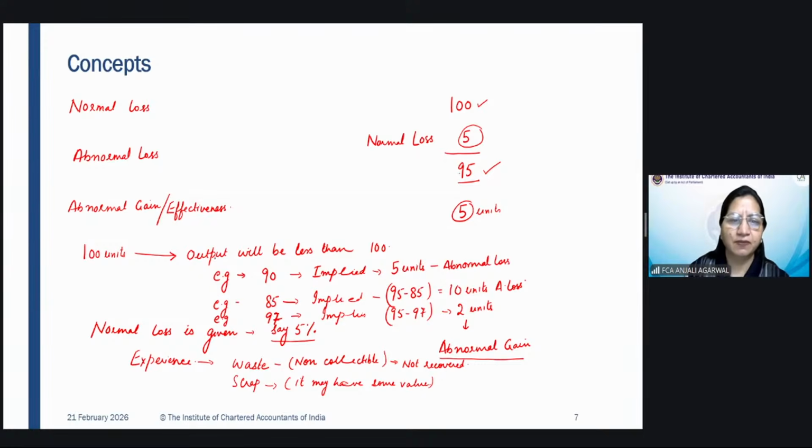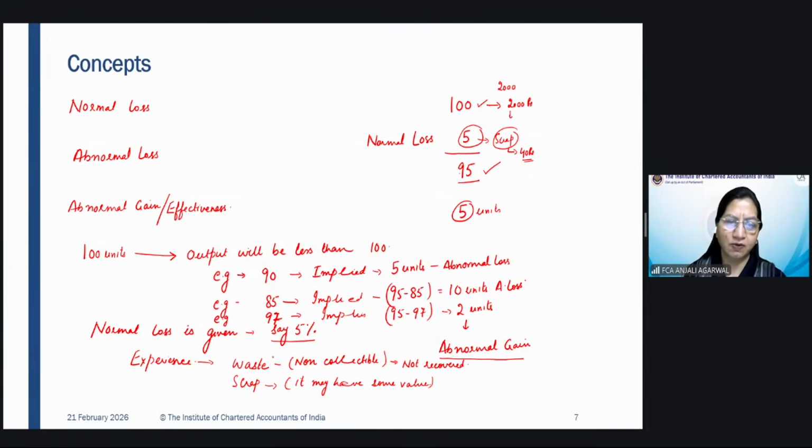So for example, if the raw material was 2000 rupees per unit and 5% is lost, but this 5% is scrap, you have been able to recover it, and this can also be sold at the rate of 40 rupees per unit. So that means your normal loss will have some value. It is not absolute zero, it will have some value.